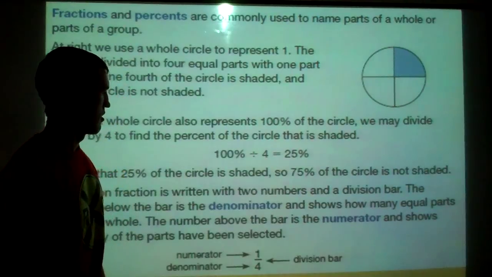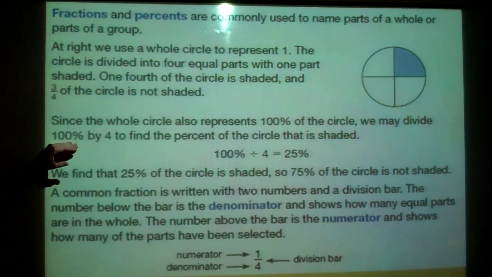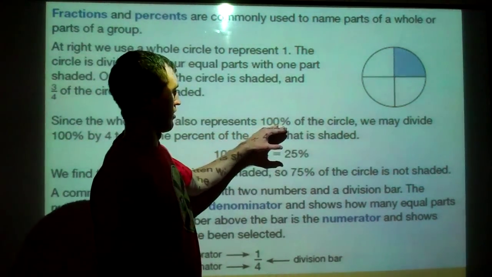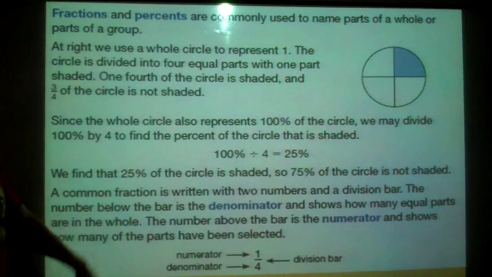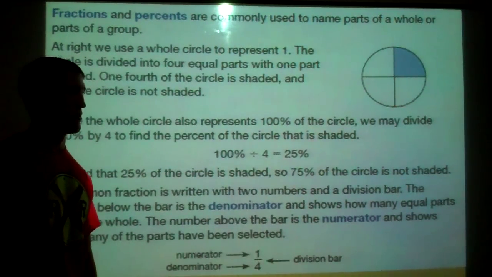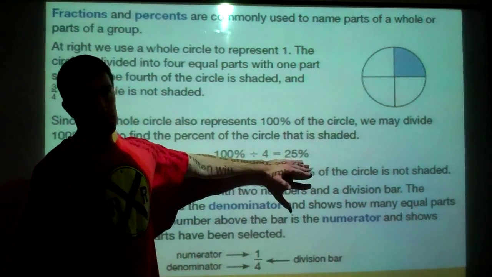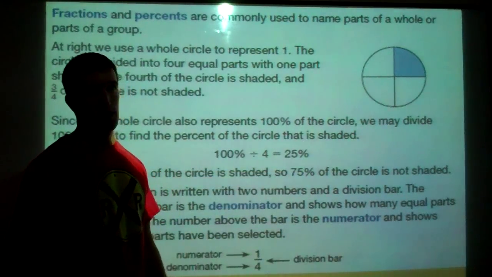So 1 out of 4, and if we want to change that into a percent, the whole circle also represents 100% of the circle, and we may divide 100% by 4 to find the percent of the circle that's shaded. So that's what they do, they take their 100% divided by 4, and we also see that 1/4 of our circle is also 25% of our circle.